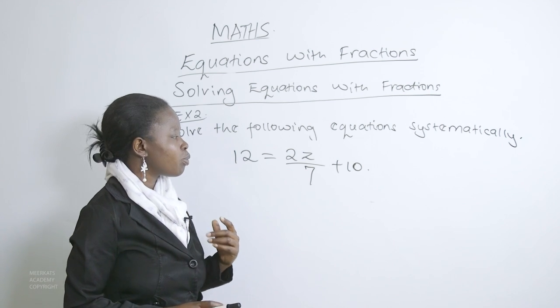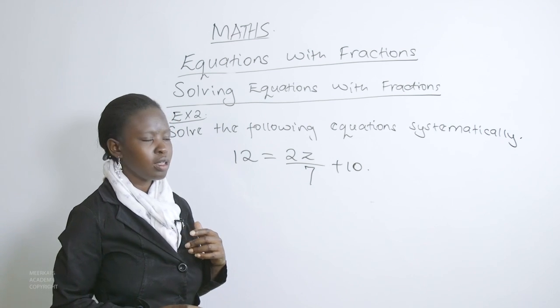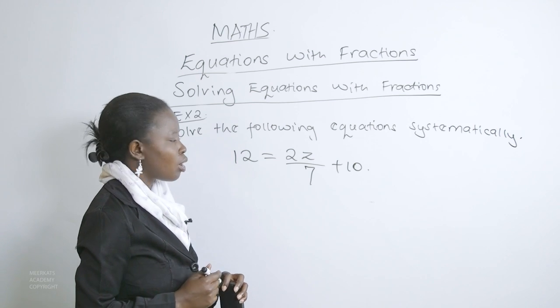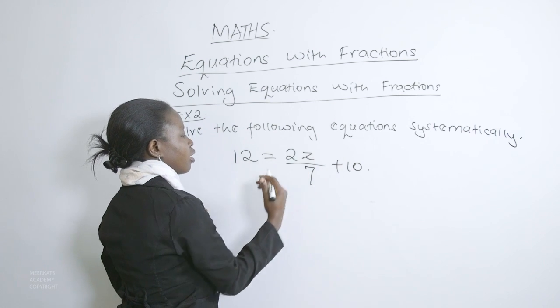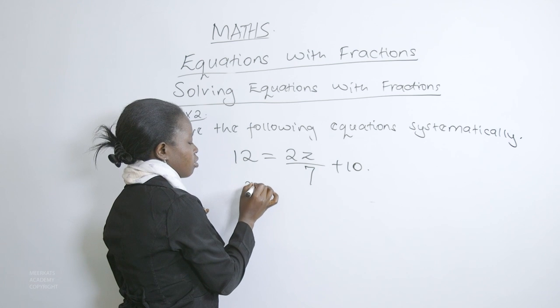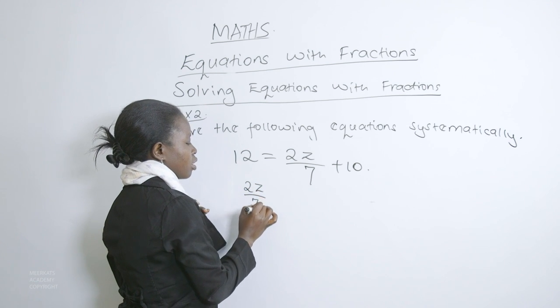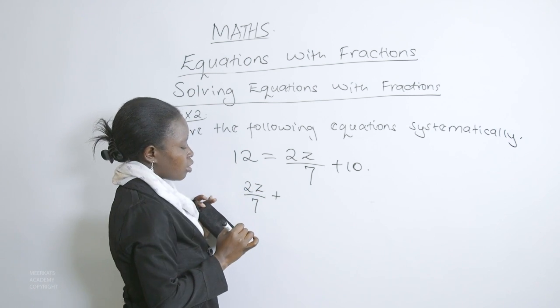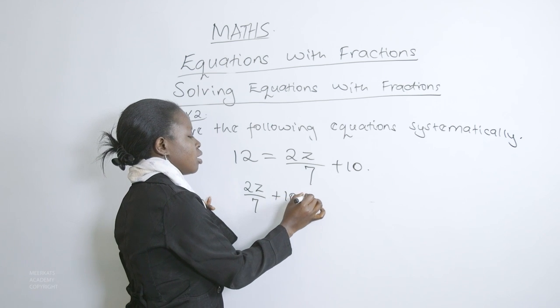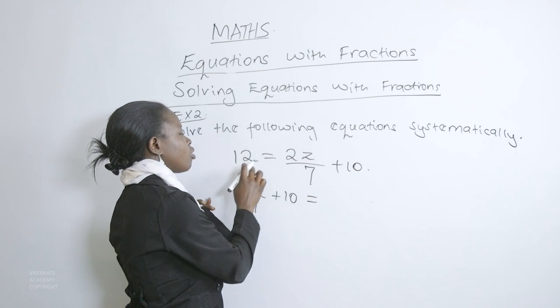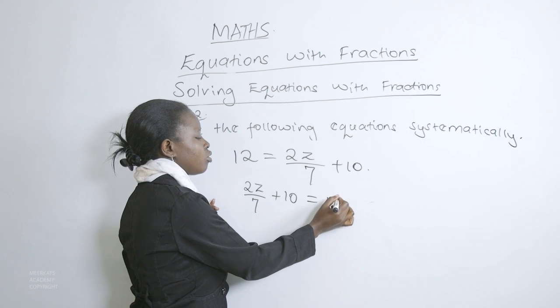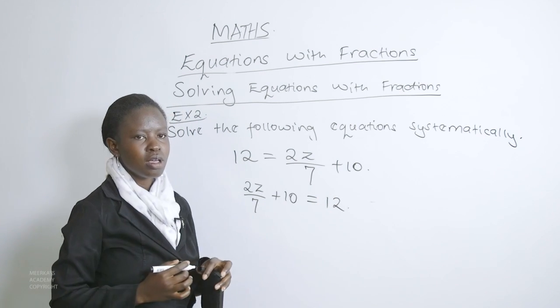So if I swap the right-hand side and the left-hand side, then we are obtaining that the right-hand side is 2z over 7 plus 10, it will be equal to my value on the left-hand side that I'm swapping to the right-hand side, which is 12.